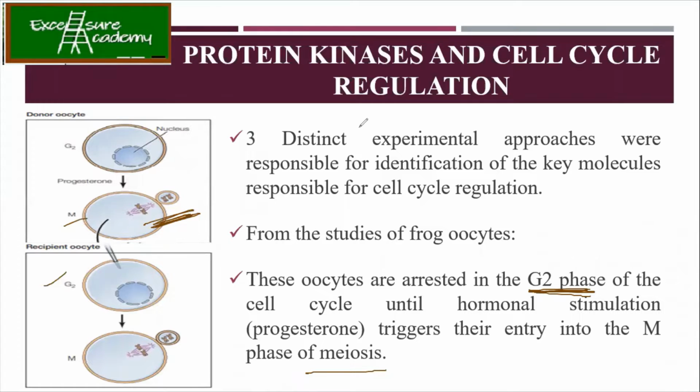Yeah, so it means that if the stimulation is not given, then the cell will be forever in the G2 phase. So what they said is that the donor oocyte was first arrested in the G2 phase, and with the help of the progesterone, it was stimulated to enter into the mitosis phase. Okay?